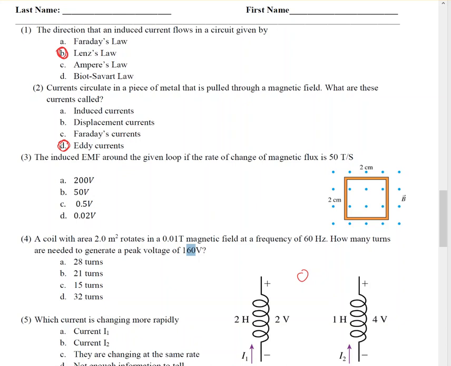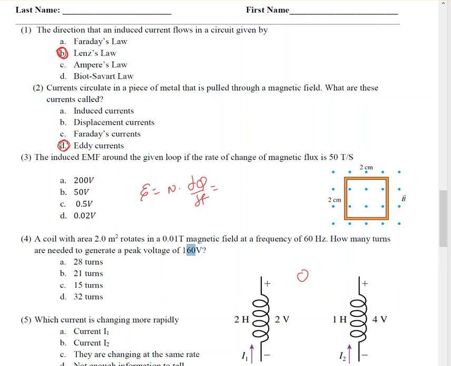Find the induced EMF around the given loop, if the rate of change of magnetic flux is 50 Tesla per second. So induced EMF E equals N times d phi by dt. N is the number of turns; we have only one turn.